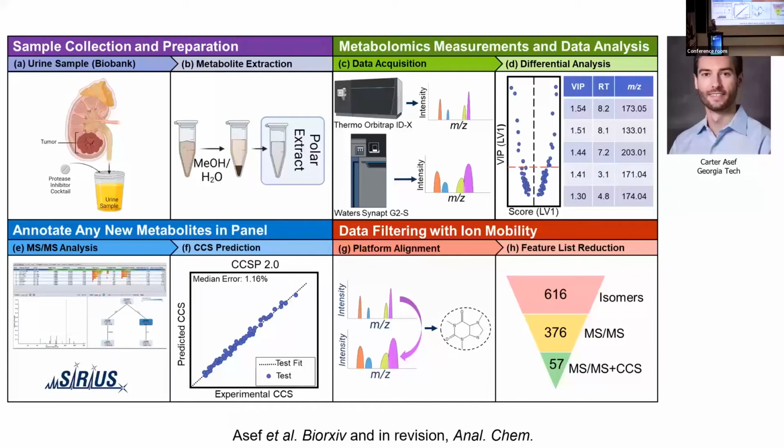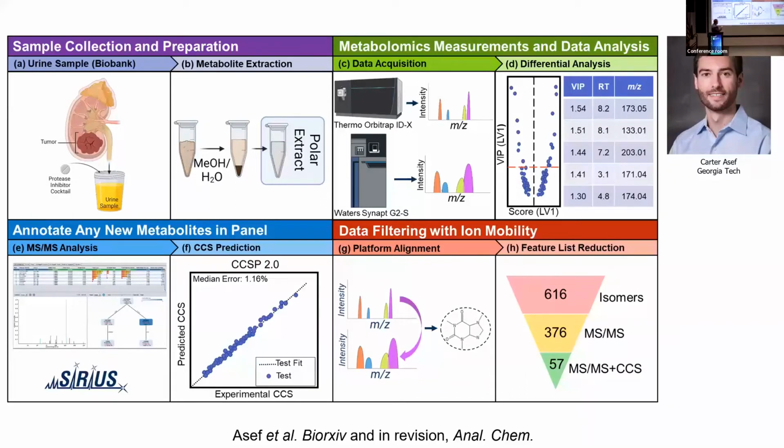Well, there are many ways of doing this. This is just one of the approaches that we use. Let's say that you have, in this case, I'm just showing you one type of cancer that we work with. This is for kidney cancer. We extract the sample with organic solvents, and then you typically do the profiling of the metabolome and the lipidome using LC-MS.